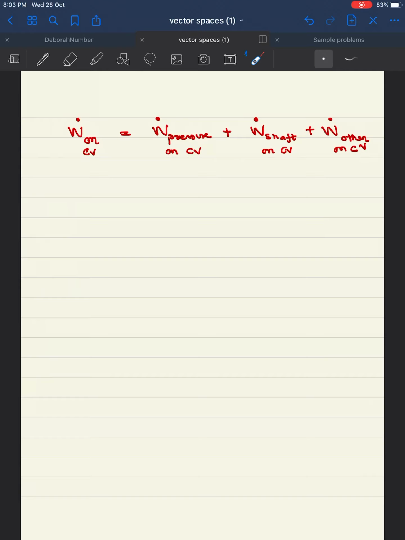Now, when it comes to the fluid, we had said that it's easy sometimes to break up the work done into these three different forms, and these are quite commonly experienced. So that's why it's easy. This is something that is sort of natural, that we break up the work done into these three subcomponents.